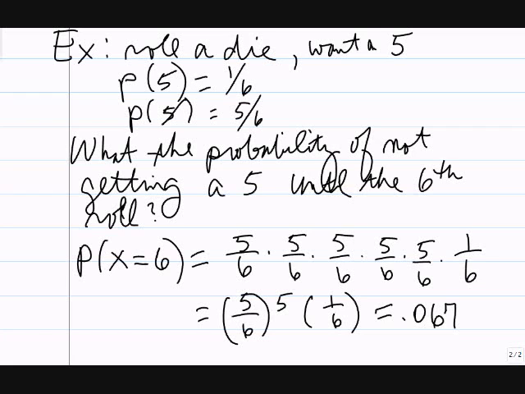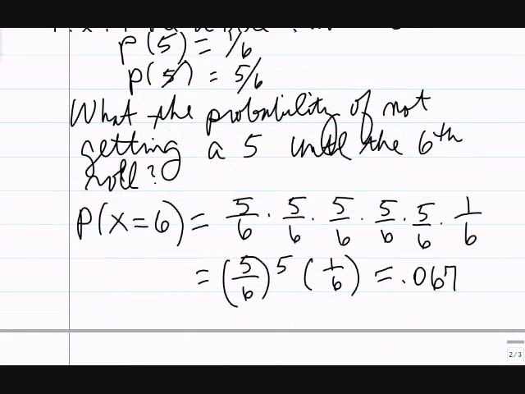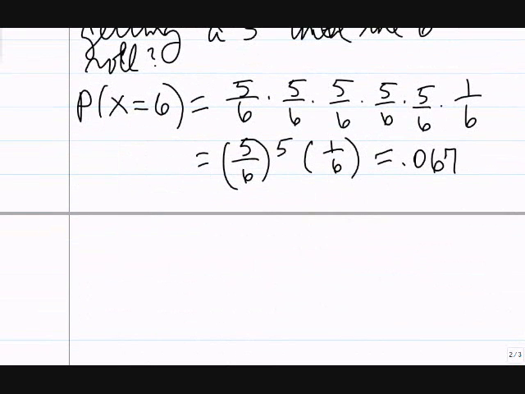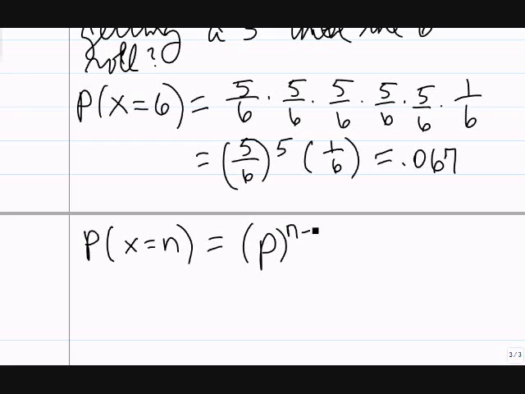This is easy to do in your calculator, but there's also a shortcut function. If I just want to use the formula for this, the probability that x is equal to n is the probability of failure, I'm sorry, not to the 6th power but to the 5th power, so that's n minus 1.